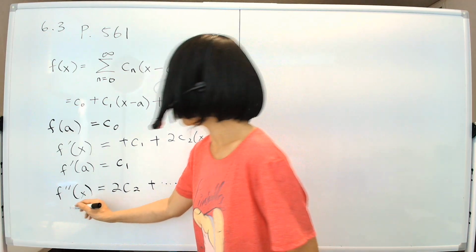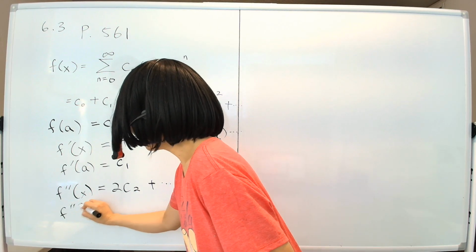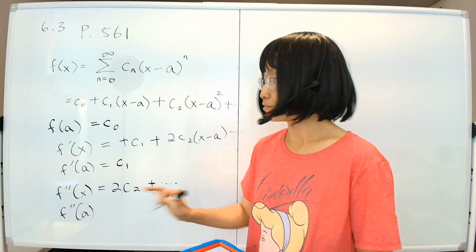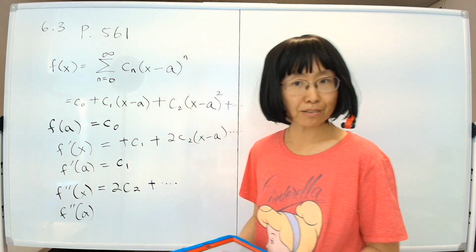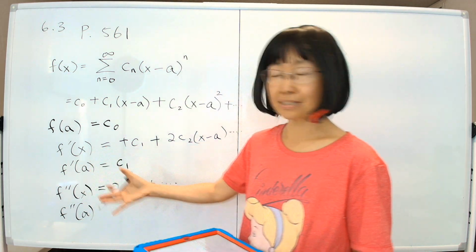plug a in here, that means f double prime at a. Remember, we know what f is, right? We're just trying to expand it. We know what f is, therefore we know what f double prime is, assuming f is differentiable, of course, to the second derivative.